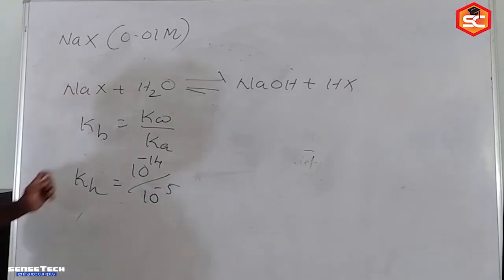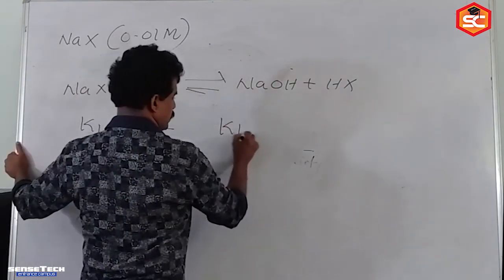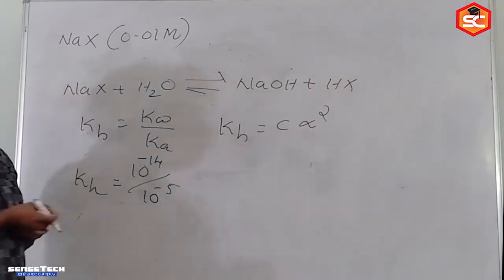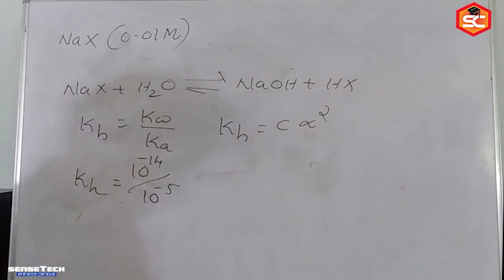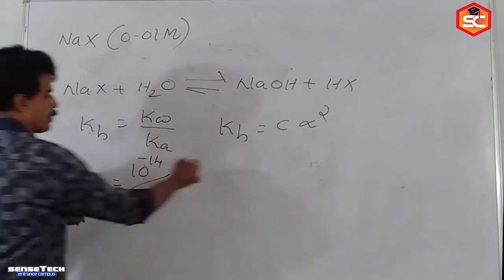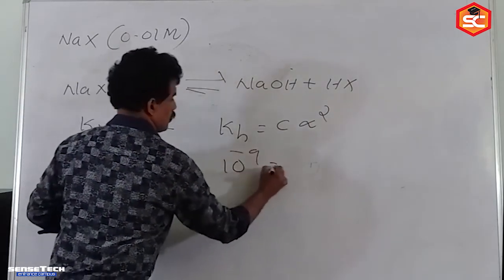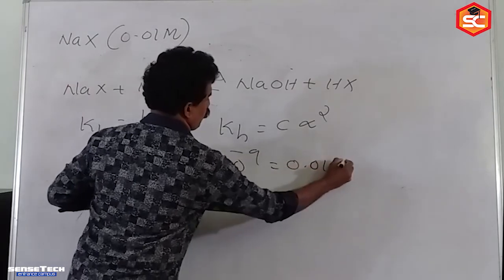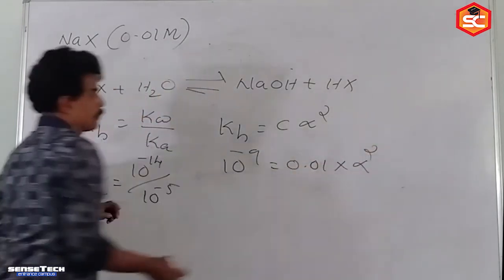The hydrolysis constant Kh is equal to C alpha square, concentration into degree of hydrolysis squared. So Kh is equal to 10 to the power minus 9 is equal to 0.01 into alpha square.